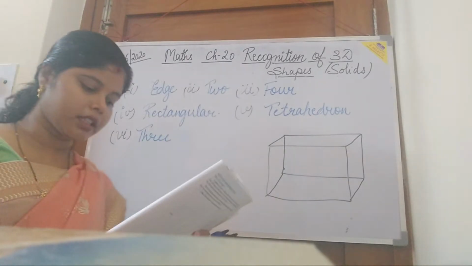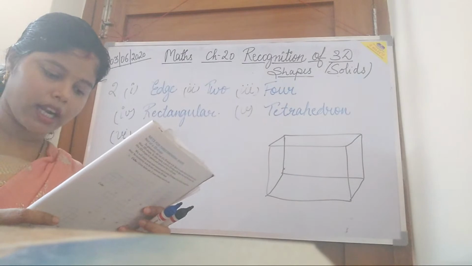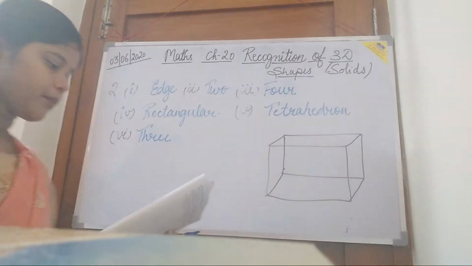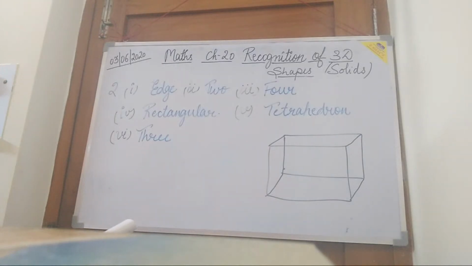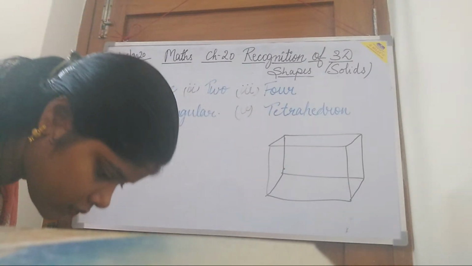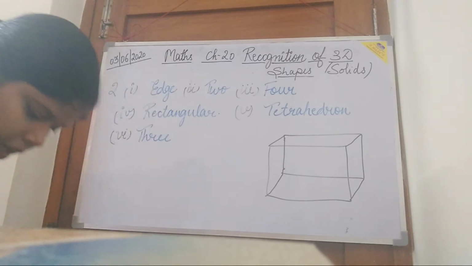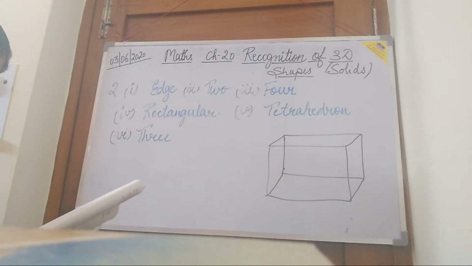Now question number 3rd, which of the following solids has the highest number of vertices? The options are cuboid, triangular pyramid, triangular prism, square pyramid.